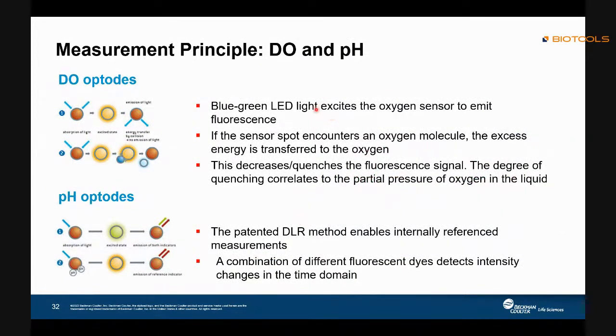For more information, we can tell you about using different LED lights and how we do the calculations. But I think at the moment the most important thing is that the well plate can do the monitoring for DO and pH on a real-time basis.